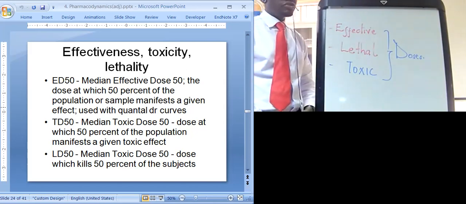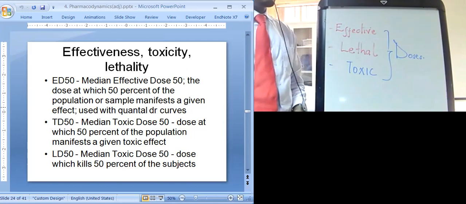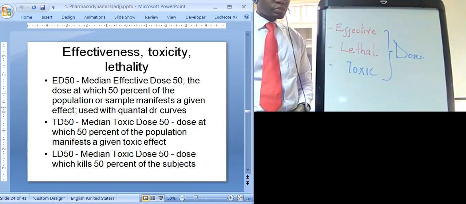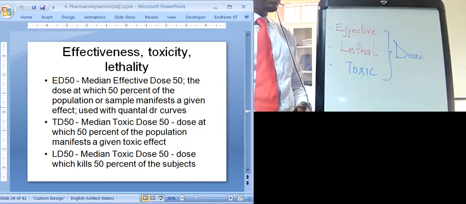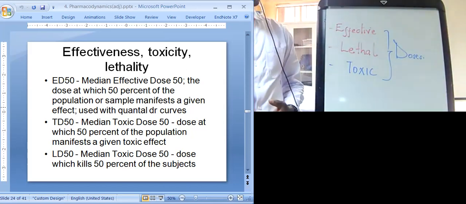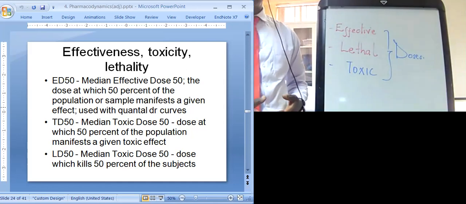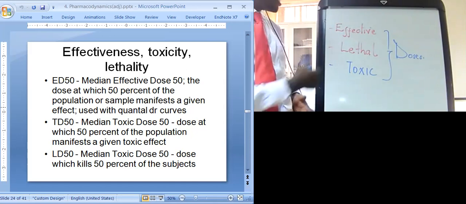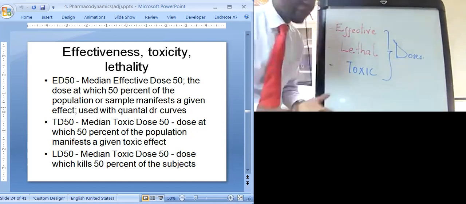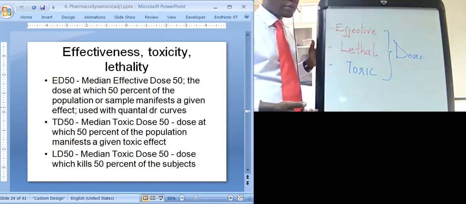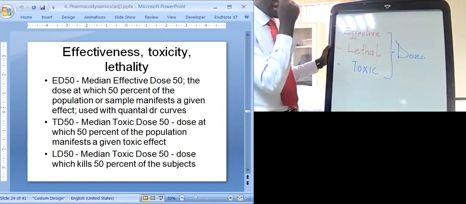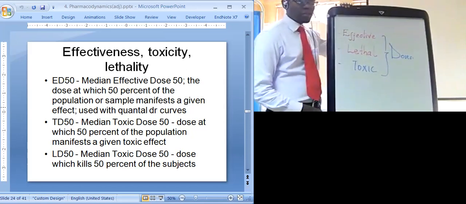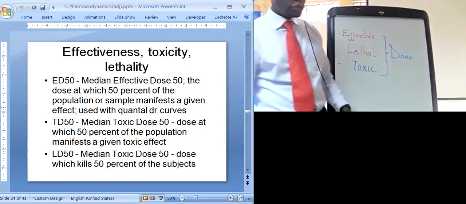For example, if it is an antibiotic, you need to know how much should be given for it to be effective, in order to create a maximal response. And that is where we have lethal dose and toxic dose.